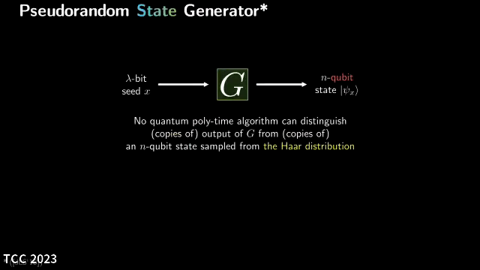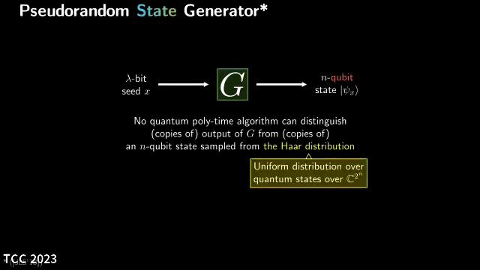So for that, let me recall the notion of a pseudorandom state generator, which you already saw yesterday in the invited talk. Basically, a PRS, or pseudorandom state generator, is a quantum algorithm that takes as input a classical string x and outputs a quantum state psi_x, that is computationally indistinguishable from a Haar random state.